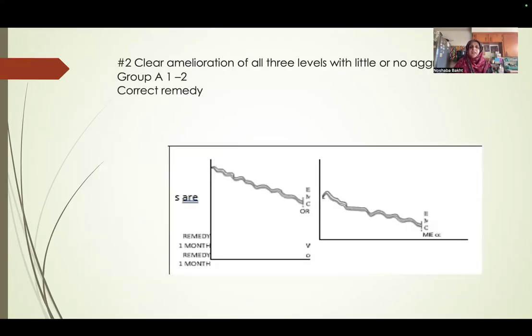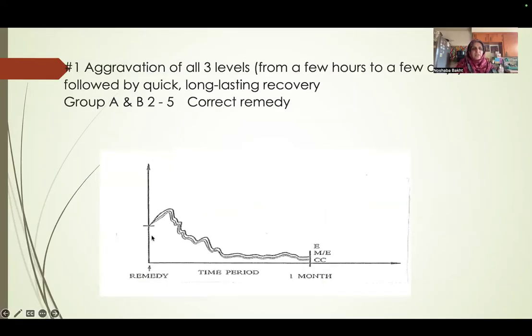Today we'll look at the second picture after giving the remedy, where there is little or no aggravation. See, it all came down. If it is group A, it's good, it's the correct remedy. So there can be an aggravation, everything goes up and then comes down, in group A, very good.